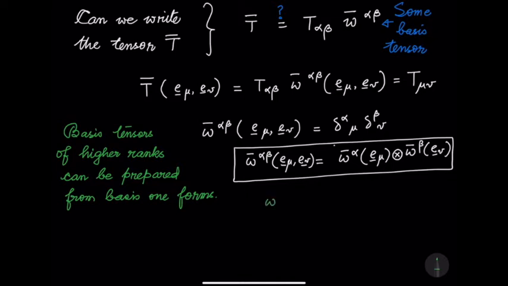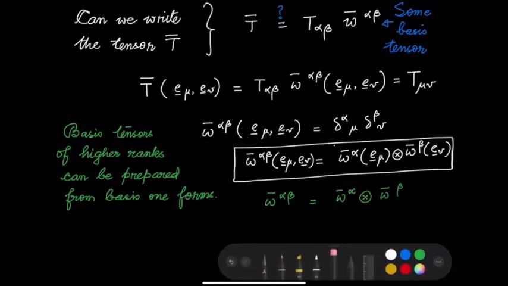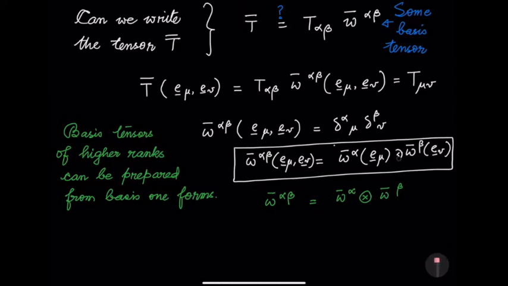Basically, I can write this as here. When I write this, this will give me just the components. Usually you don't put in the outer product sign. You put the outer product sign when you write the one forms. So nice. So that is something now we have learned.